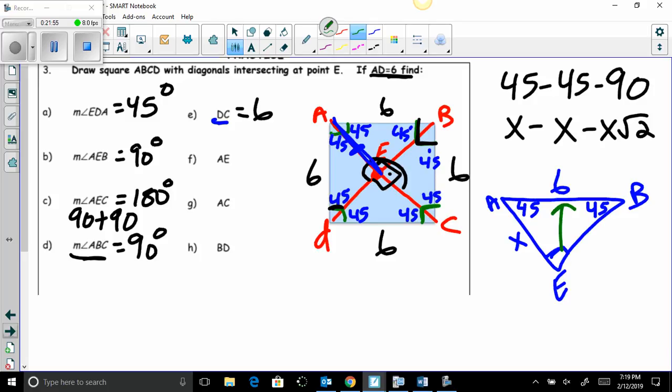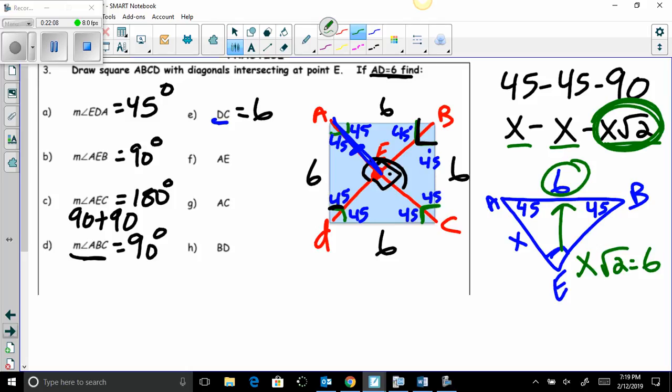If that equals 6, what is the rule for 45, 45, 90? X, X, X radical 2. I know this one. This equals 6. How am I going to solve for X? Go ahead and divide by radical 2. So I get what? X equals 6 divided by radical 2.